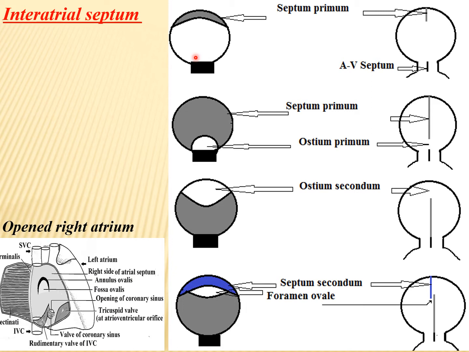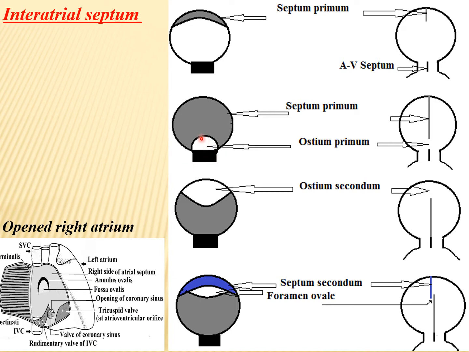It descends towards the atrioventricular canal, and the anterior and posterior edges of the septum reach the atrioventricular canal before the central part.